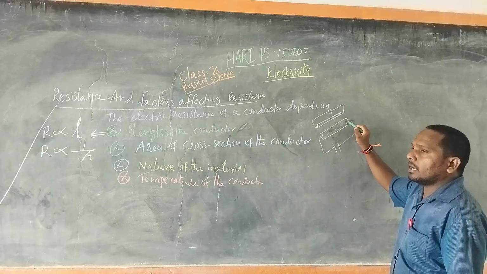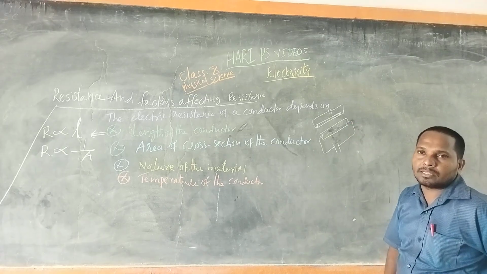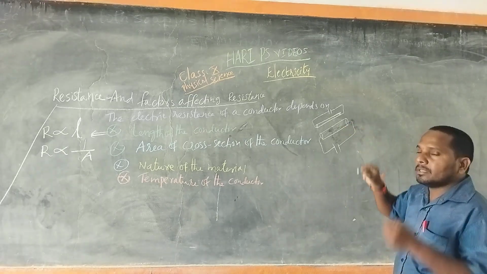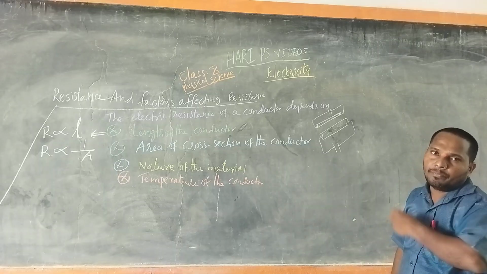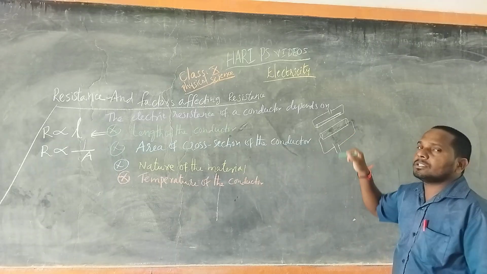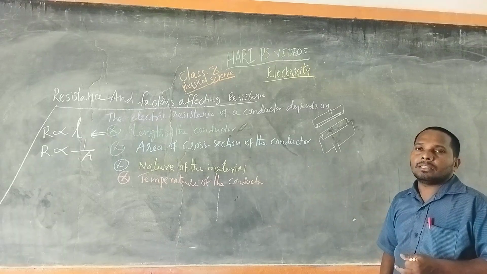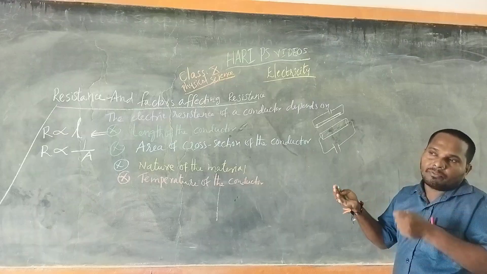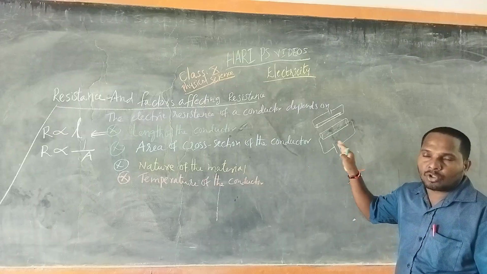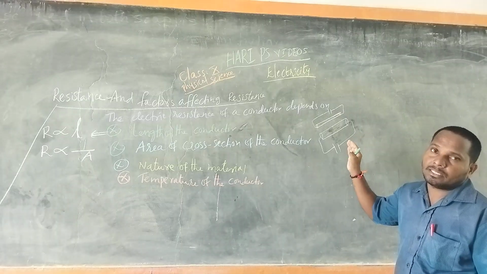With more cross section area, its resistance is less because space is available for the electrons to move. So less collision takes place, and the obstructions are less. The obstruction to the movement of electrons in a conductor is what we call resistance.